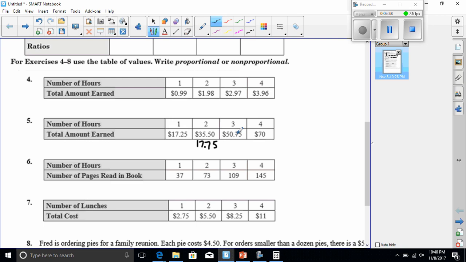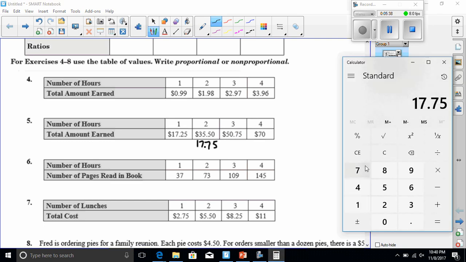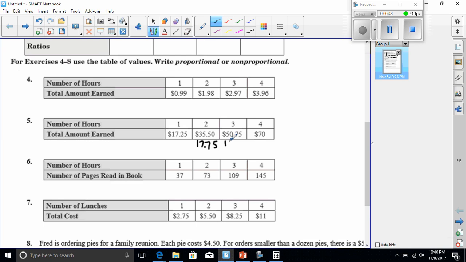How about 50.75 divided by 3? That gives us 16.91. 16.91 definitely is not 17.25 or 17.75.